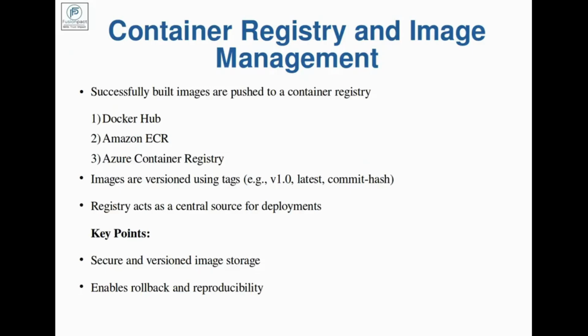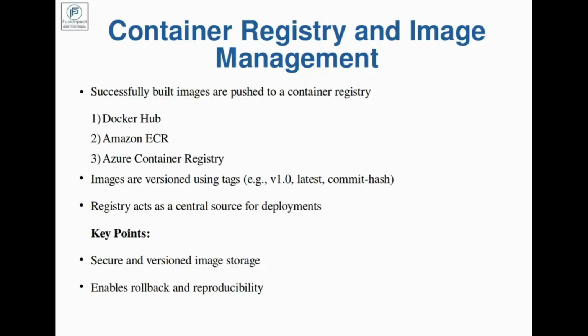In the next slide, whatever I mentioned previously, the container registry and image management part. When the image is built at the Jenkins server, what DevOps engineers do in production is push that image to a public registry, or to Amazon ECR or Azure Container Registry, which are specific to the cloud the organizations are using.